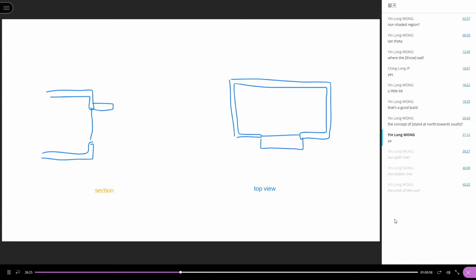And how can we plot the part of the sky being blocked by the overhang? We may consider these 2 points.